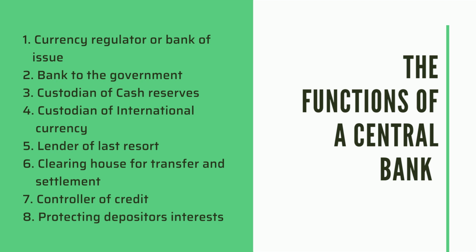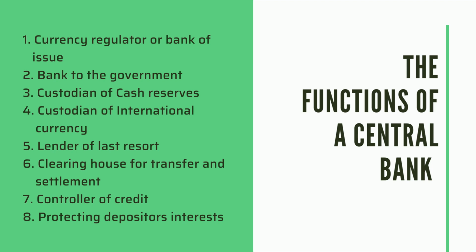The fourth is custodian of international currency. Maintaining a minimum foreign currency balance is an important function of the central bank. The goal of maintaining such a balance is to manage unexpected or emergency foreign reserve requirements, as well as to avoid any negative balance of payment deficits.